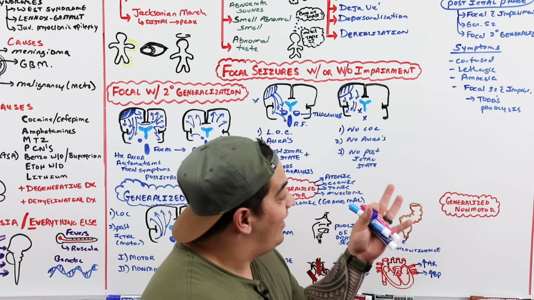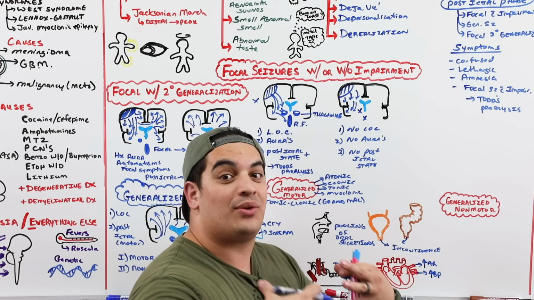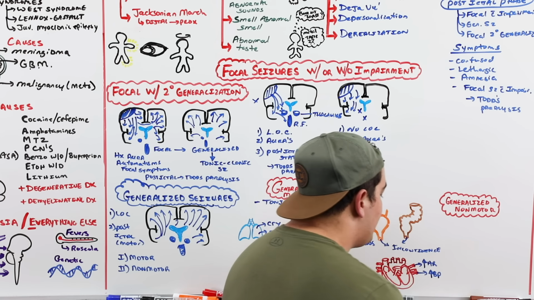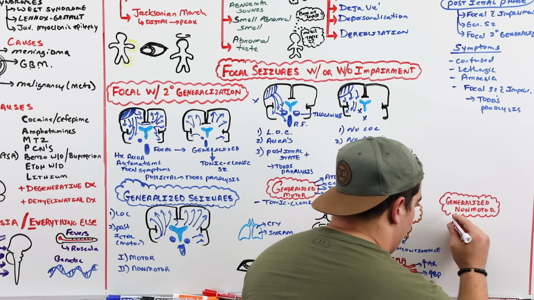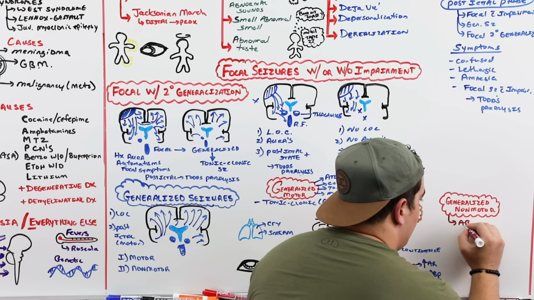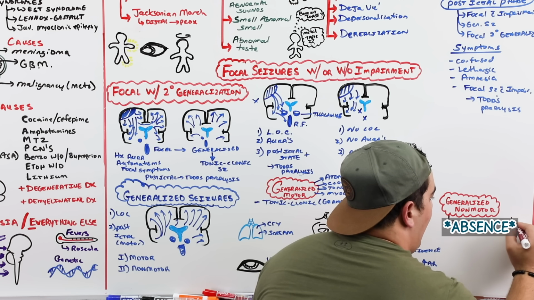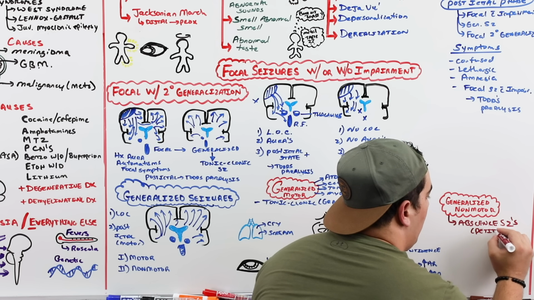Okay? The last type of seizure here that I want you guys to remember that are part of the generalized type are called generalized non-motor seizures. And these are classified as what's called absence seizures. Now absence seizures are also defined as petit mal.